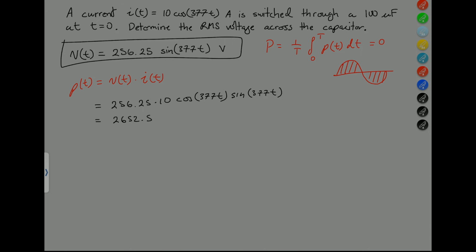And we then think about simplifying here. We know our trig identity: sine 2t is equal to 2 times cosine times sine, where the parentheses contain the same omega t.